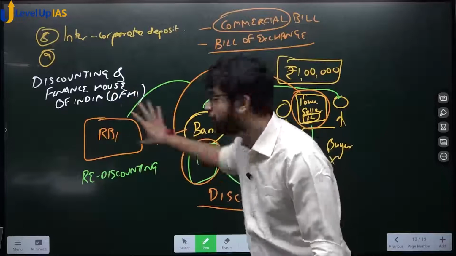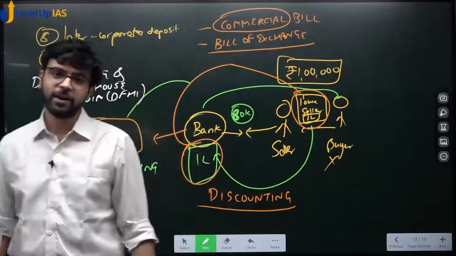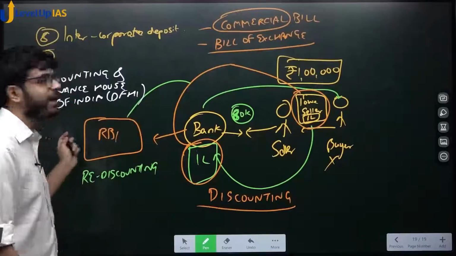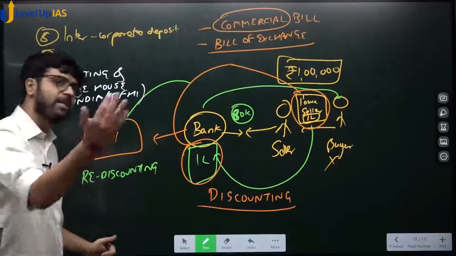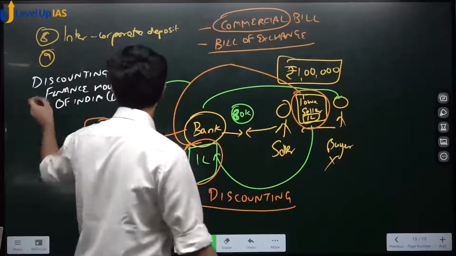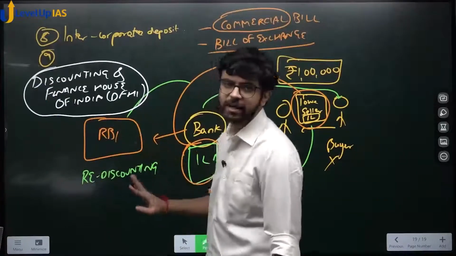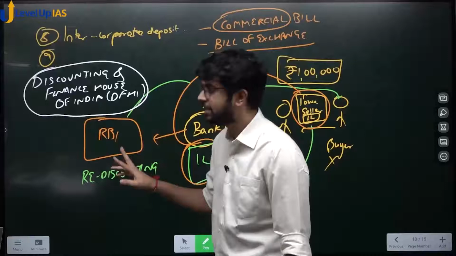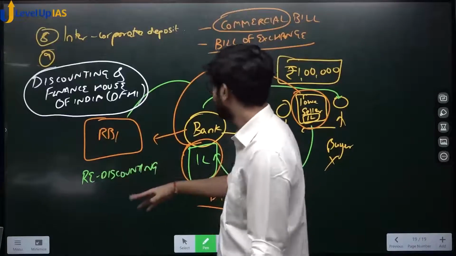Its job is to discount bills of exchange. Understood? So its job is basically to wait. Give less money, wait, get the money, then someone else will come for discounting, give him the money, wait. So DFHI is instituted or established by RBI for this.